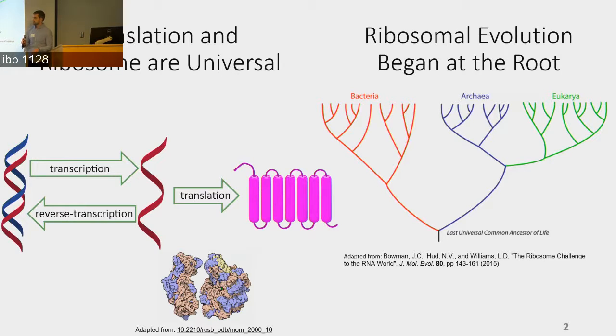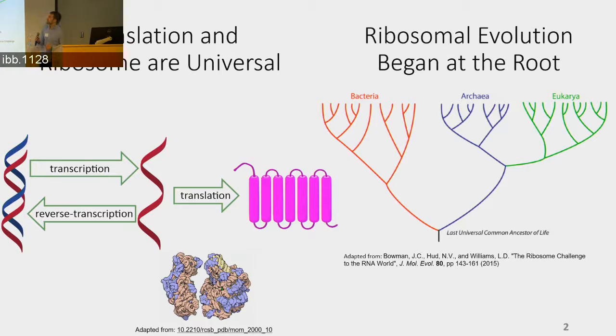And at the center of translation is the ribosome. So it's like the nexus that collects everything together that gets translation done. So it's the focal point of this incredibly important life process. And so not only is translation in the ribosome universal, it's also central and necessary for life.